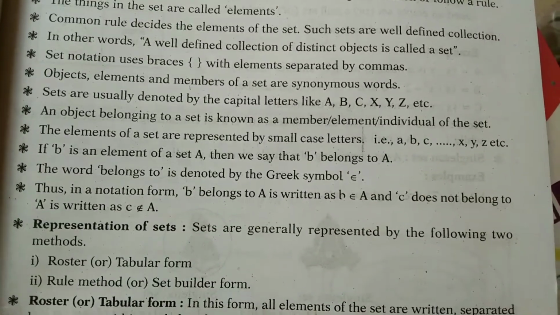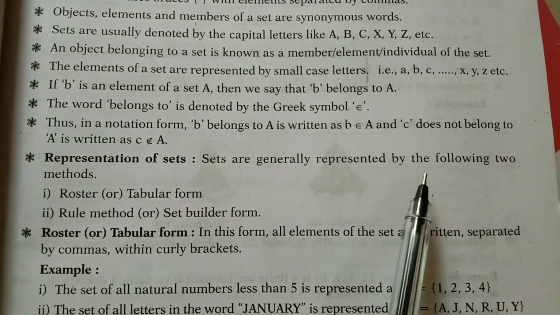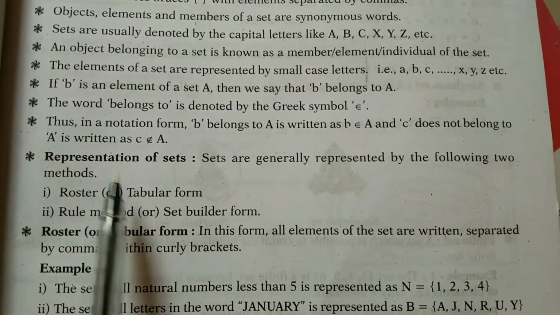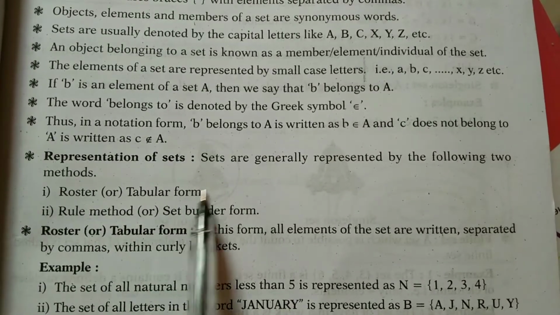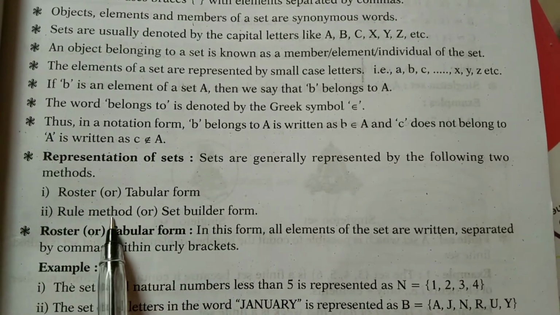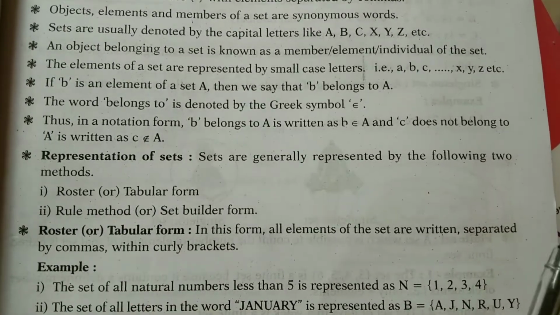Now, representation of a set. Sets are usually represented by the following two methods. The first one is roster form, or also we call it tabular form. The second one is set builder form, or also we call it rule method.